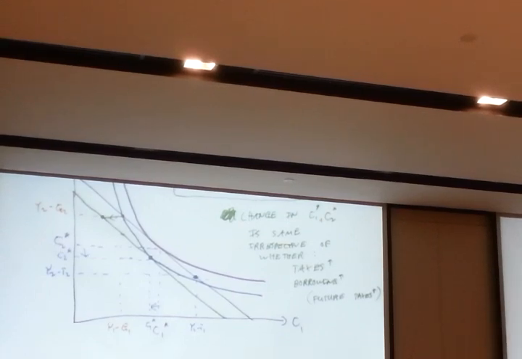Presumably, theories are ultimately judged as successful or not on the basis of whether they're able to be consistent with what we observe in the real world, what we observe in data. So this question is about how the Fisher model can be consistent with more data than more basic theories of consumption like the Keynesian consumption equation.